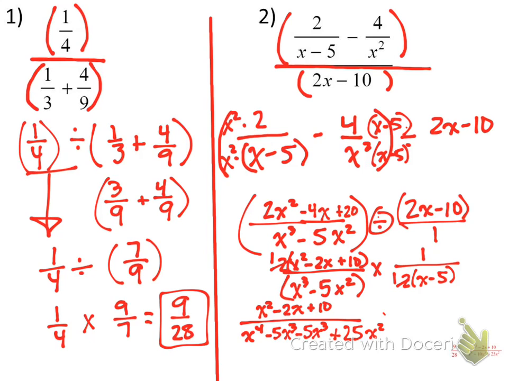Okay? If you can combine like terms, negative 5x cubed minus 5x cubed is negative 10x cubed. So rewriting this, final answer will be x squared minus 2x plus 10 over the quantity of x to the 4th minus 10x cubed plus 25x squared.